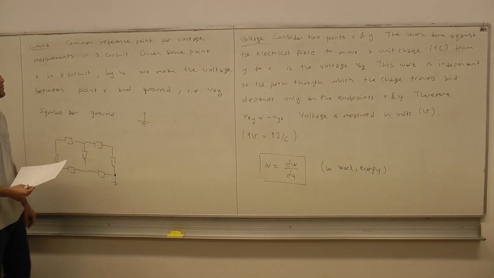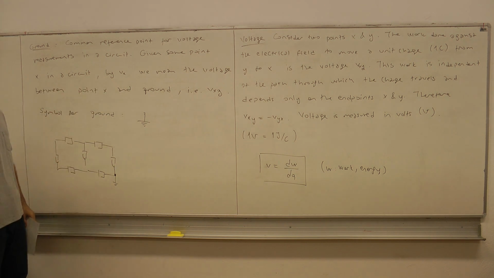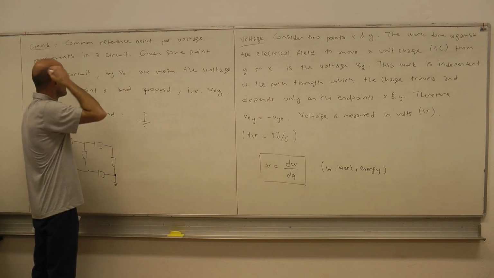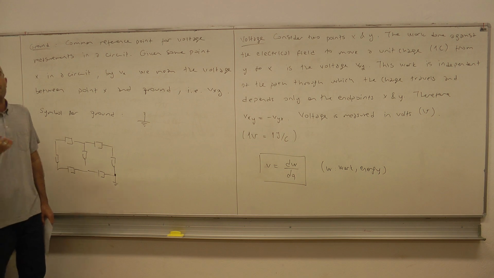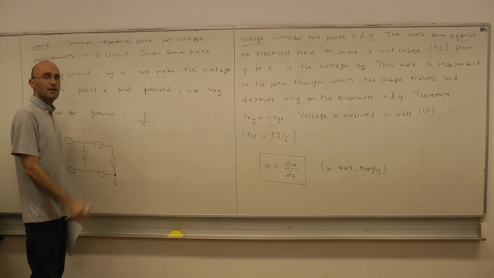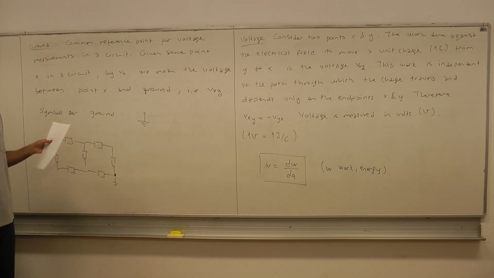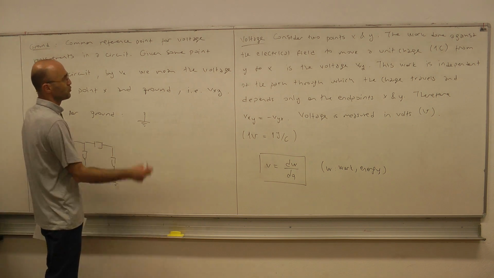It's very much like talking about the height of Mount Everest. The height of the peak of Mount Everest is around 9,000 meters. But height is a certain kind of distance, and to talk about distance you need two points.